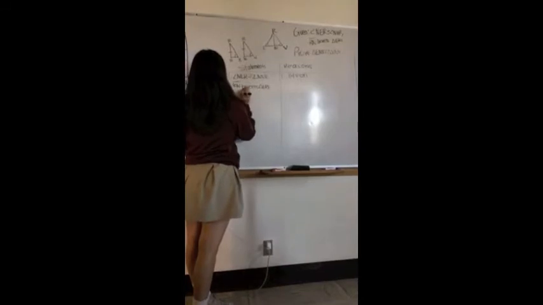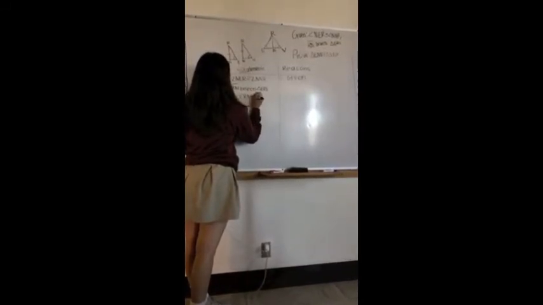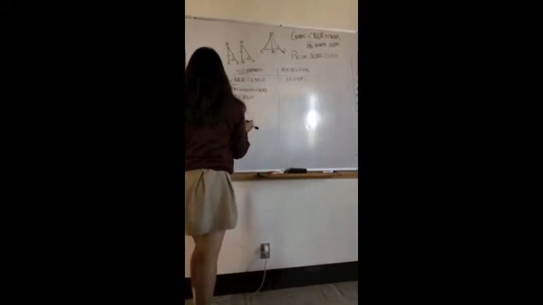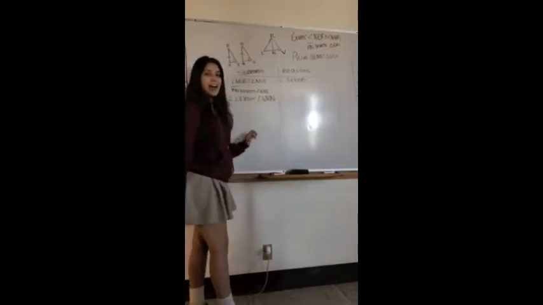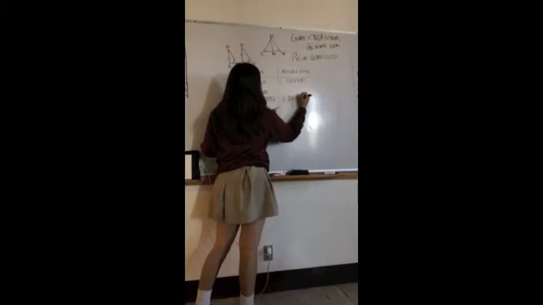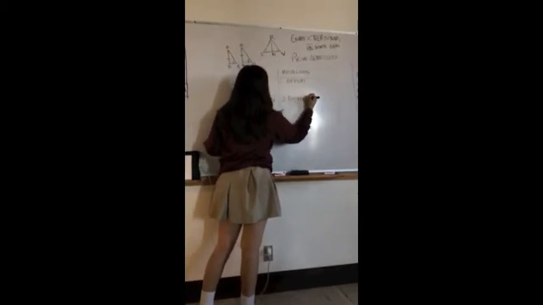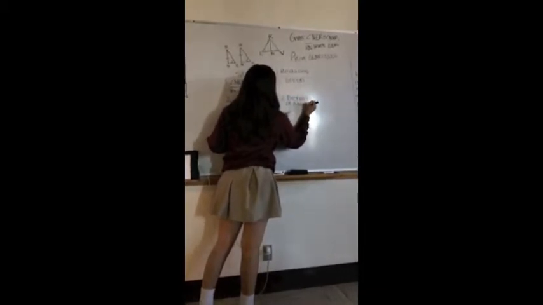Angle ERN is congruent to angle VRN by the definition of angle bisector.